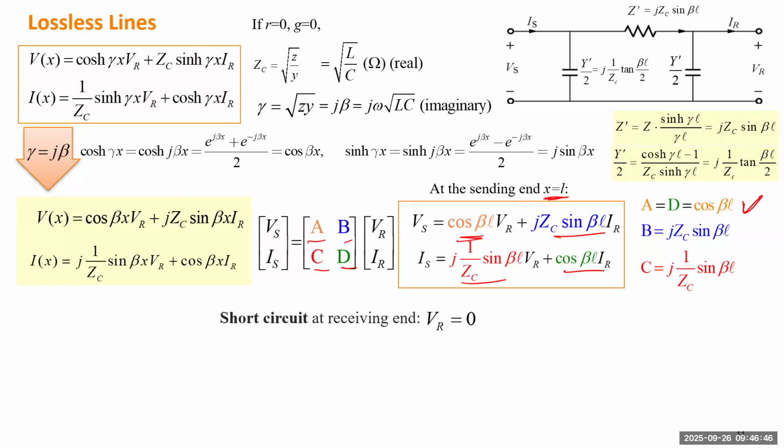All right, so we use this model to study two types of contingencies. The first one is a short circuit at the receiving end. So when we have a fault that makes a short circuit on the receiving end, the voltage on the receiving end becomes 0. And the current can be huge, right? Which is the fault current to the ground.